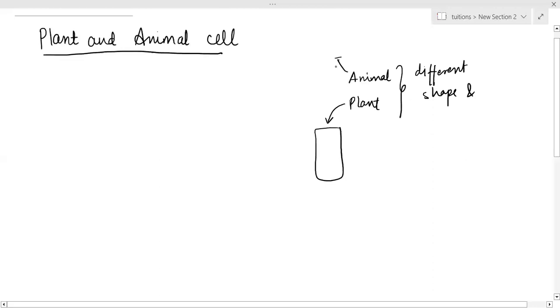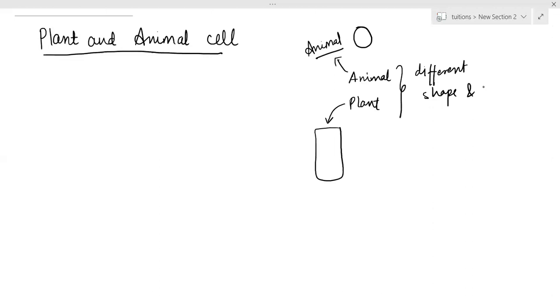And then an animal cell, which looks something like this. It's spherical in nature. So from this it should be clear to you that the animal and the plant cell could be many. There could be many different types of plant and animal cell with different shapes and all.